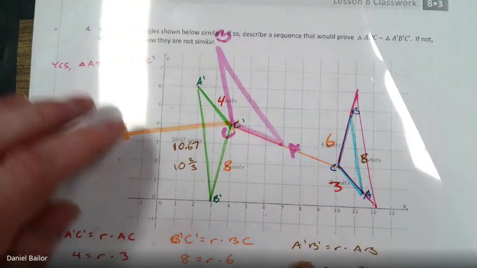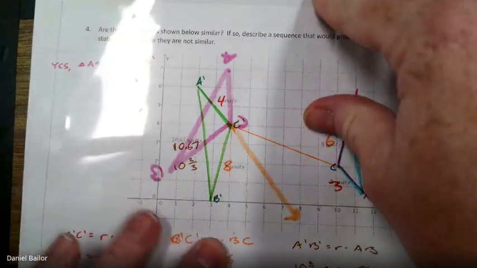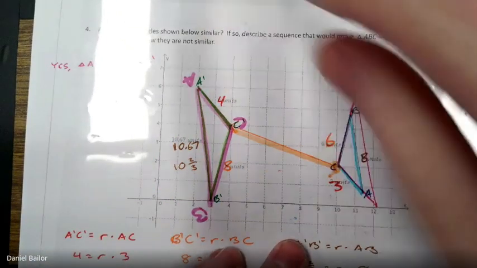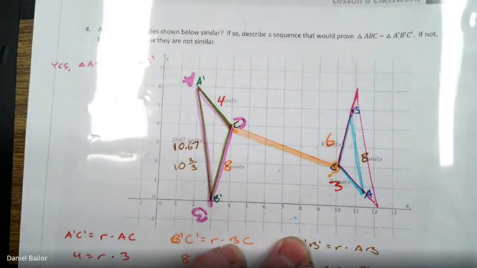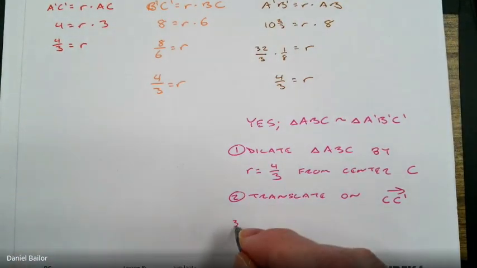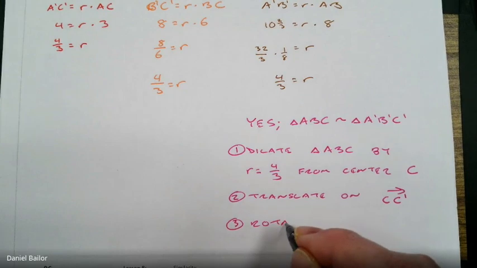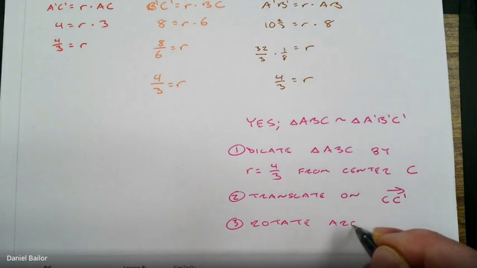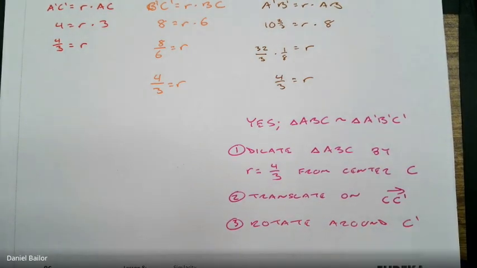I rotate around point C prime, and they line up perfectly to prove the similarity. So step 3 is going to be rotate around C prime. And that is how you make the blue line up with the green. It's how you prove they are similar.